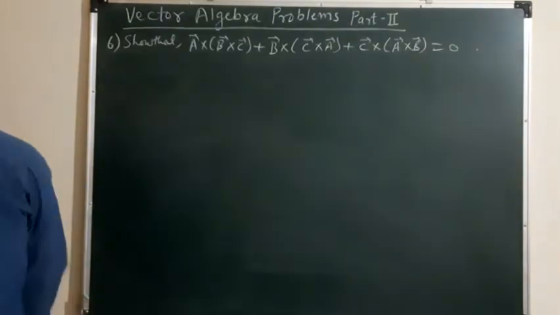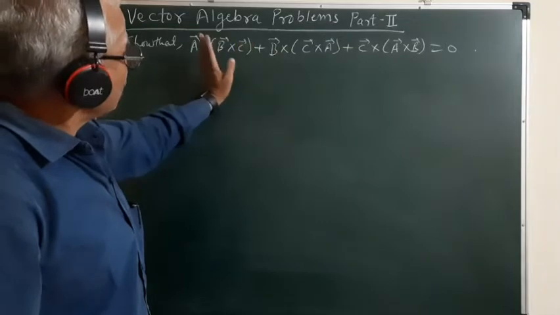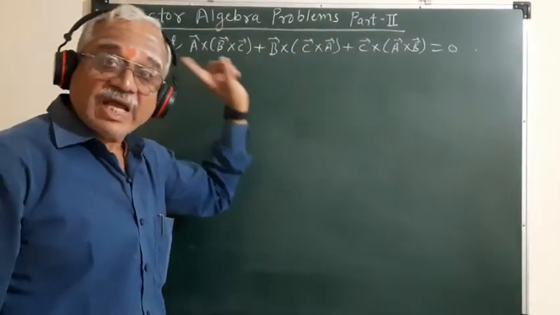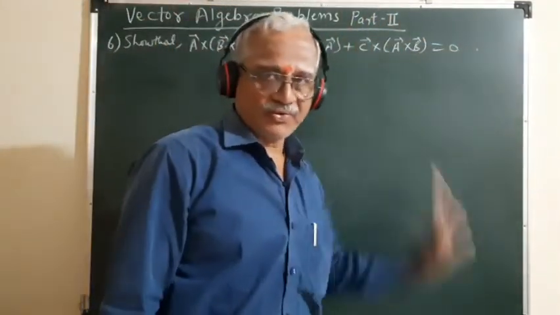You are asked to show that the sum of the vector triple products of the vectors a bar, b bar and c bar, when taken in cyclic order, works out to be equal to 0.